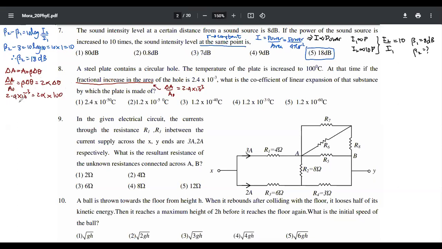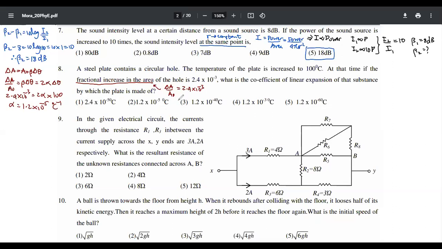So I'm going to get alpha is equal to 1.2 into 10 to the power minus 5. The unit is missing now. Per degree Celsius. I think in every answer the unit is wrong. Do you agree? Should be per degree Celsius.